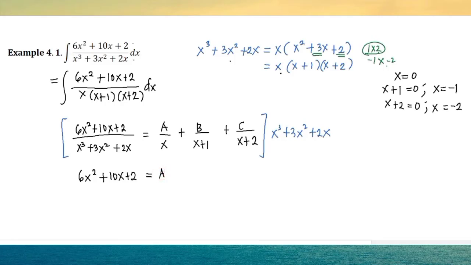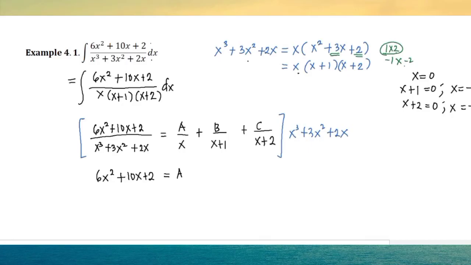So since ang factor nitong x cubed plus 3x squared plus 2x is x, x plus 1 and x plus 2. So if we are going to multiply this by A over x, so makakancel yung x, itong dalawa yung matitira. So we have here x plus 1 and x plus 2.